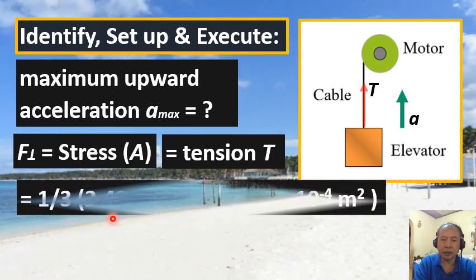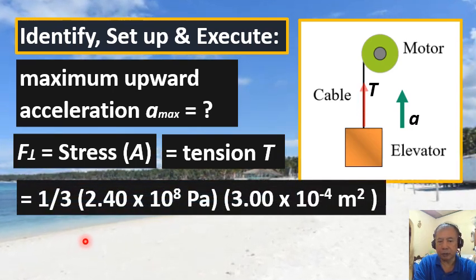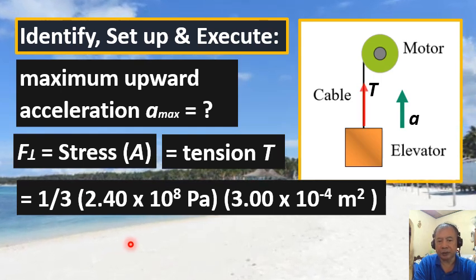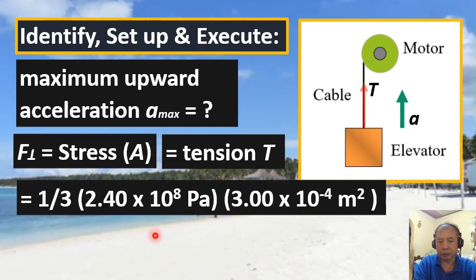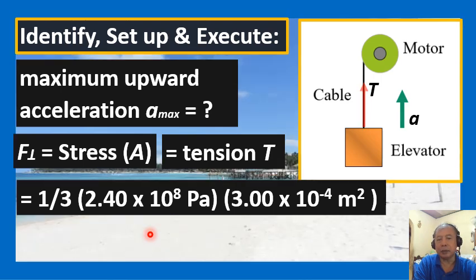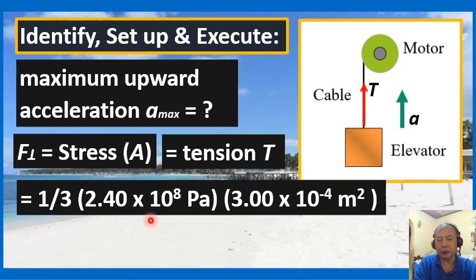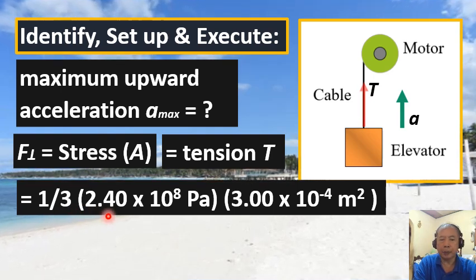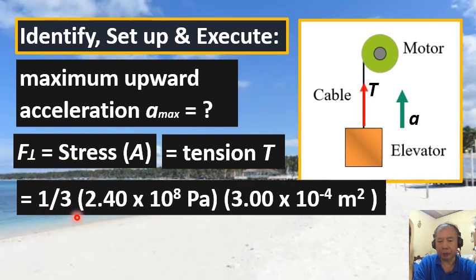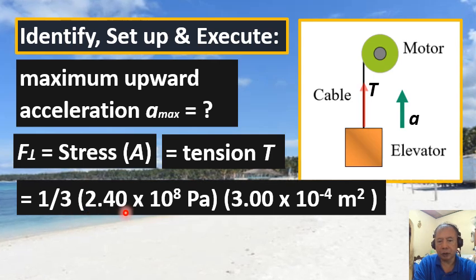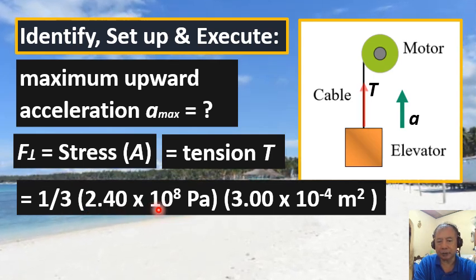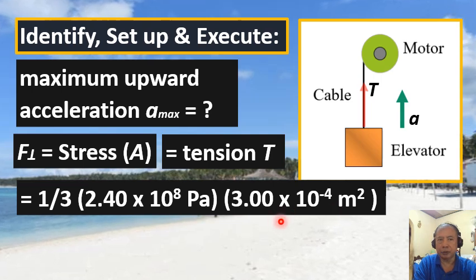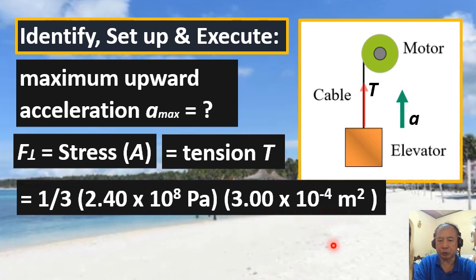And since the required amount of stress should not exceed one-third of what we call the stress elastic limit, 2.40 raised to the 8 power Pascal, we have to multiply this by one-third of the elastic limit, then also multiply by the cross-sectional area, 3.00 times 10 to the negative 4 meters squared.